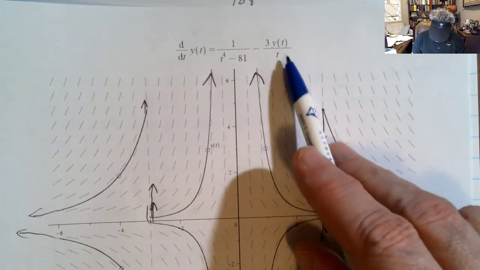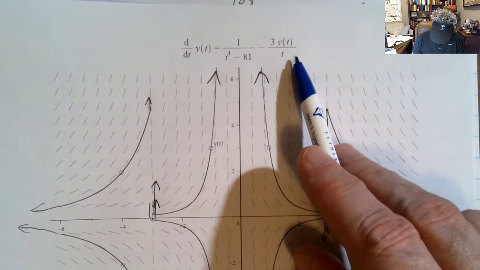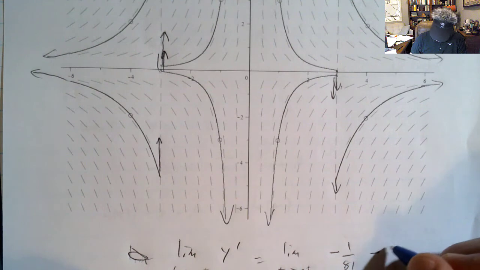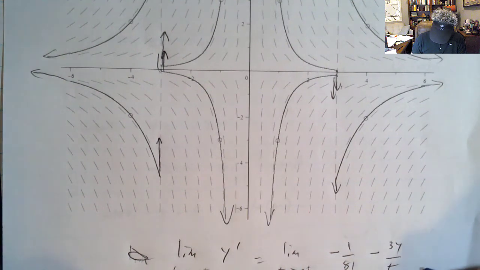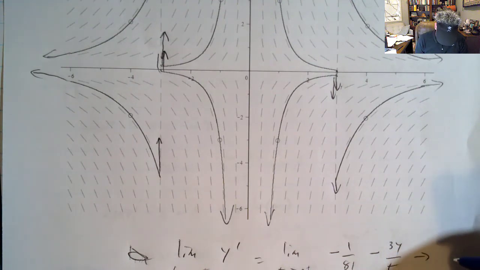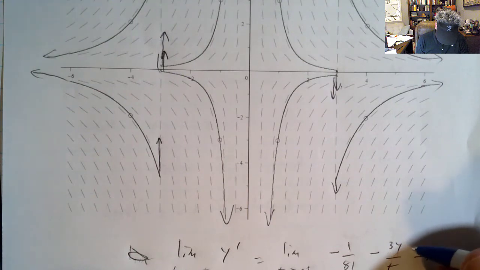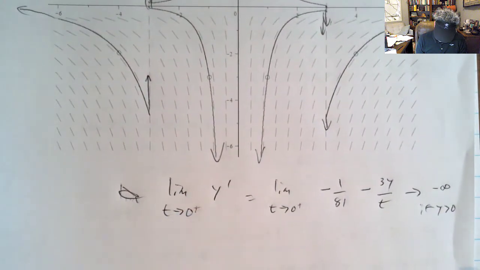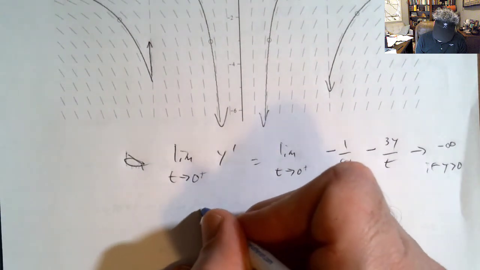So, if y is positive, the limit as t goes to 0 from the right of y prime equals the limit as t goes to 0 from the right of negative 1 over 81 minus 3y over t.